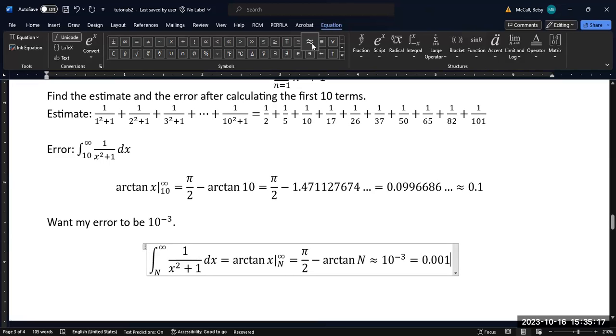And then what I would proceed to do from there is I would try to find the angle that would make this true.